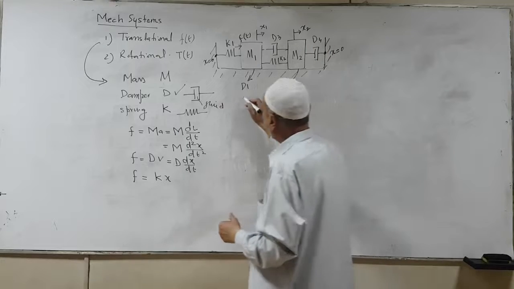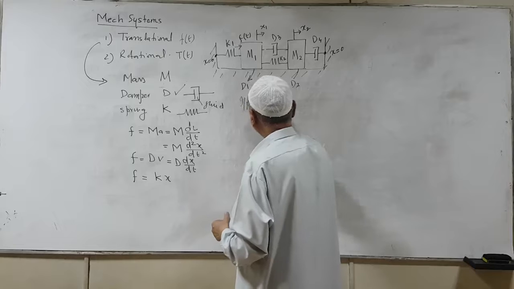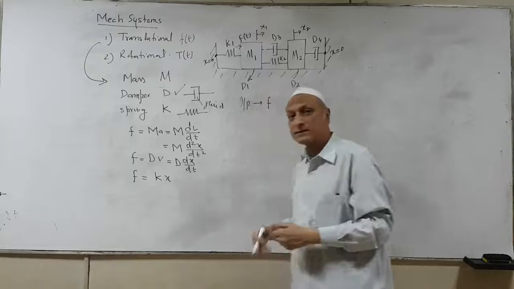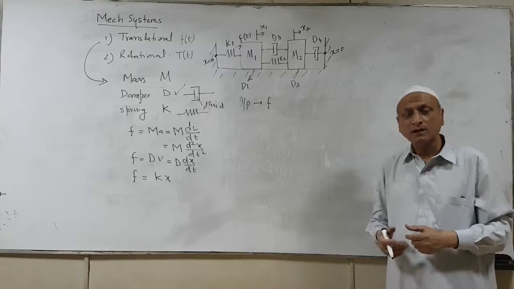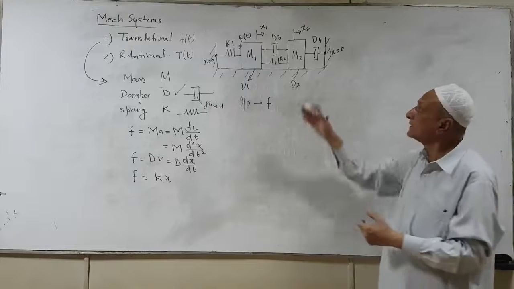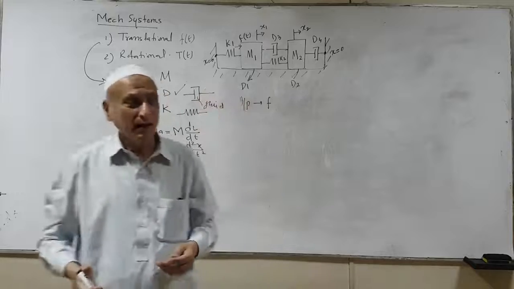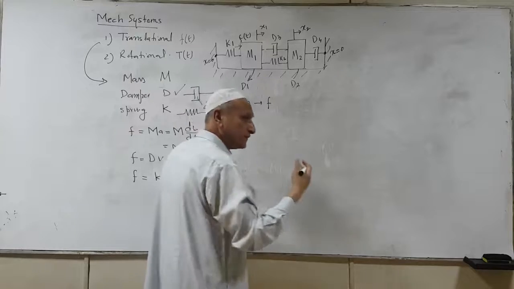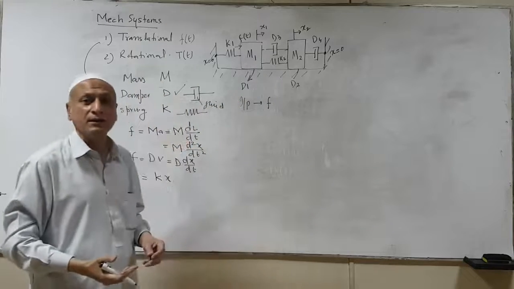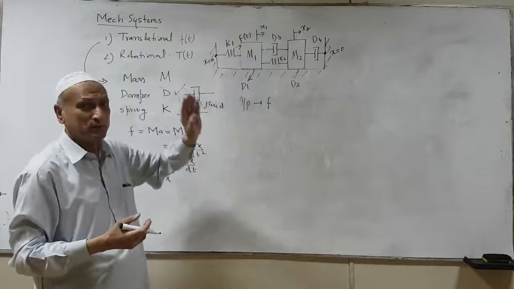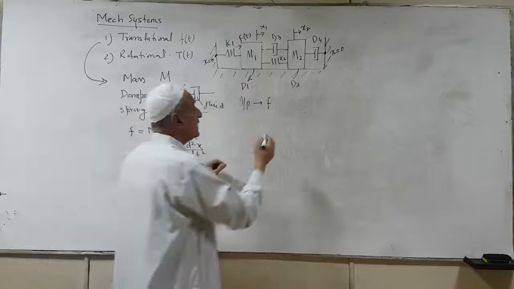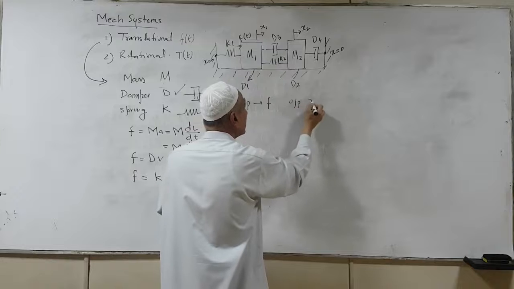Now our input is anyhow the force F. This is our input. Talking about the output, it can be x1 and it can be x2, it doesn't make any difference. So in any case, if something is not given to you in the question, you can consider the output as x2. So the output is x2.